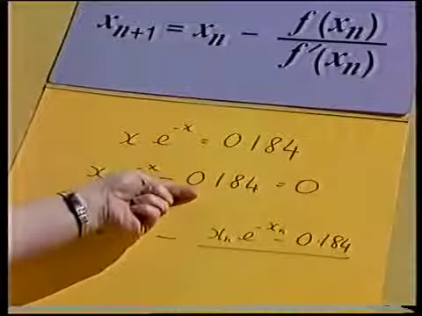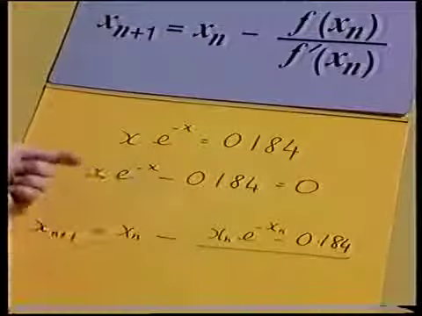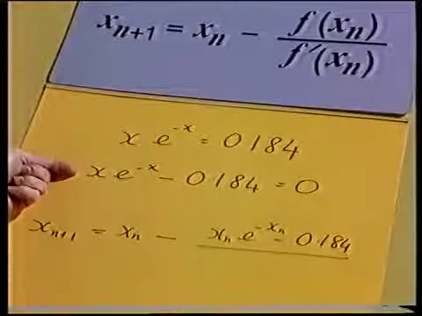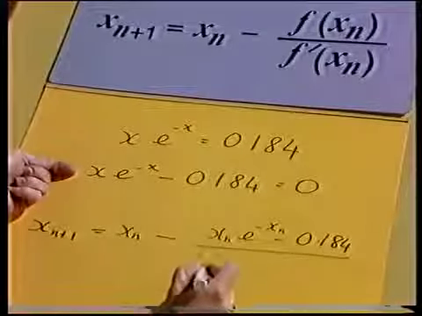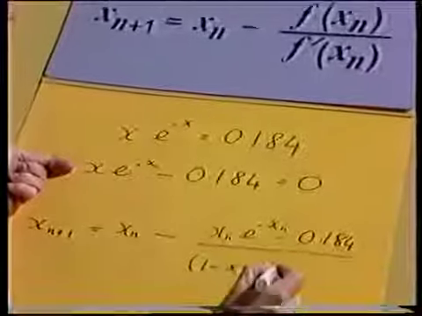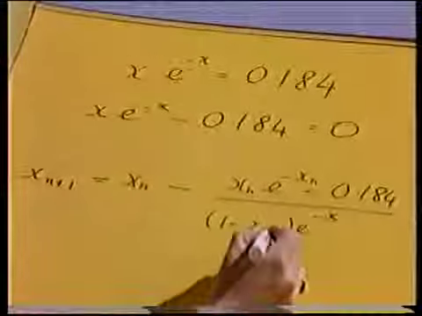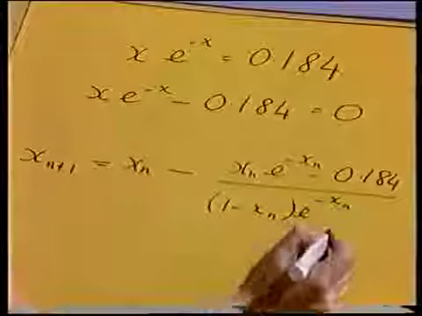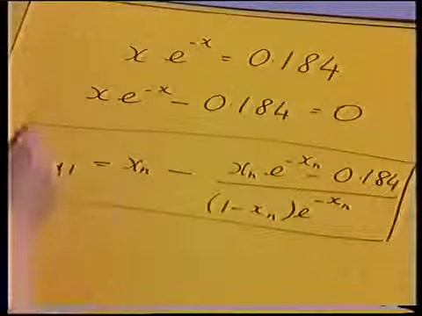Well, this bit is a constant, so its derivative is 0. And we've already got the derivative of x e to the minus x. Remember, it's 1 minus x times e to the minus x. And I want it evaluated at xn. So here's the iteration formula for finding x.